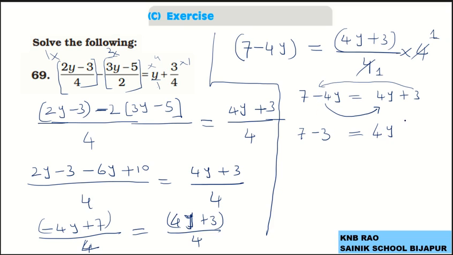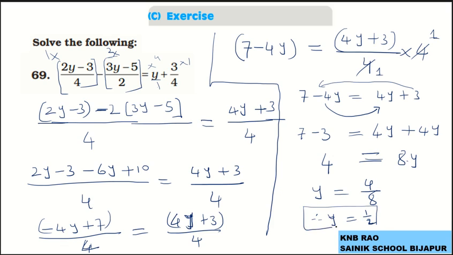This minus 4y when transposed comes to the right hand side and becomes plus. So 7 minus 3 is 4, equal to 4y plus 4y is 8y. Now 8 is multiplied to variable y, therefore y equals 4 upon 8, when transposed to the other side. Therefore y equals 1 by 2 or half is the solution.